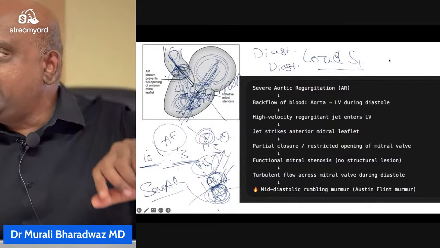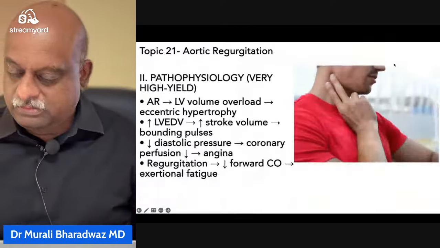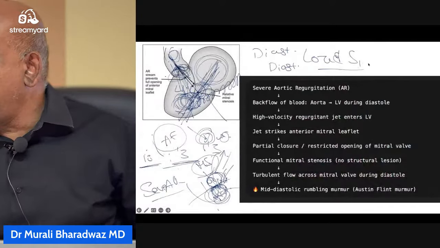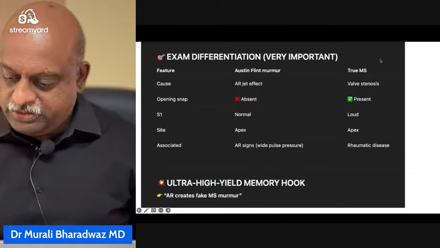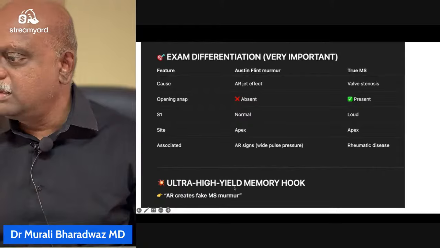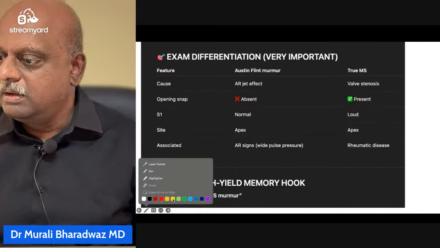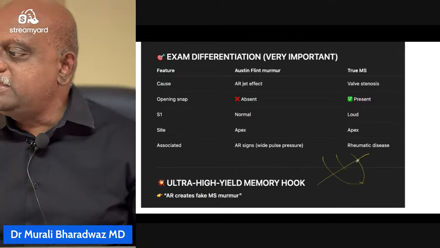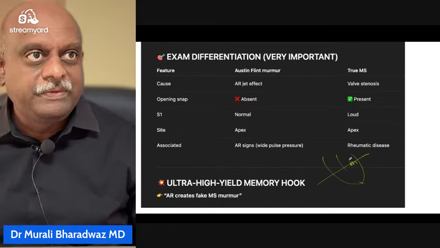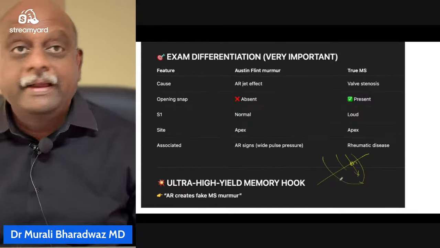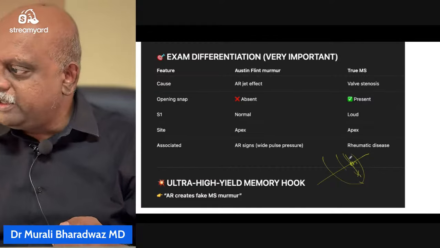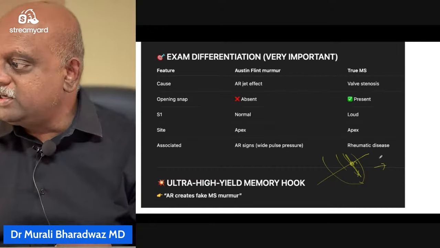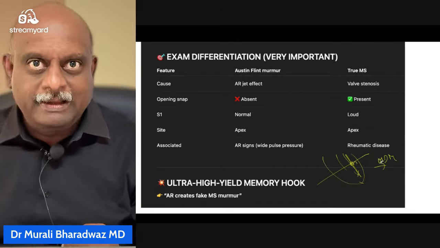If there is a mitral stenosis and blood is negotiating through that stenotic valve, it is leading to the mid-diastolic murmur.